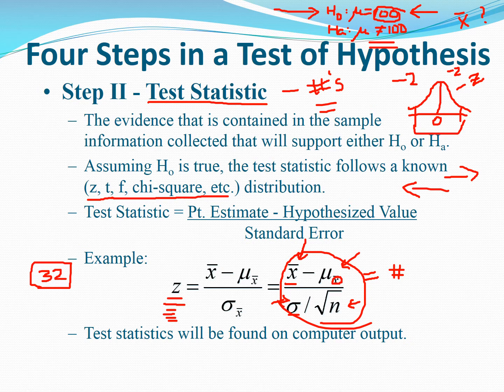What does that mean? If the null is true, we're expecting to see something in this pretty little z distribution. That's a contradiction to that. My sample data seem to contradict this distribution. I don't believe this distribution is reflecting my sample data. I'm going to reject the null hypothesis.